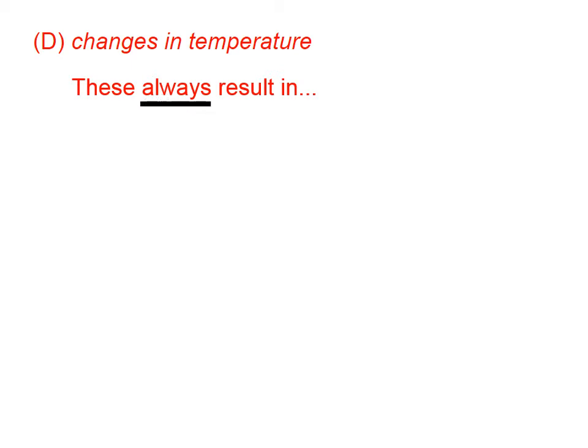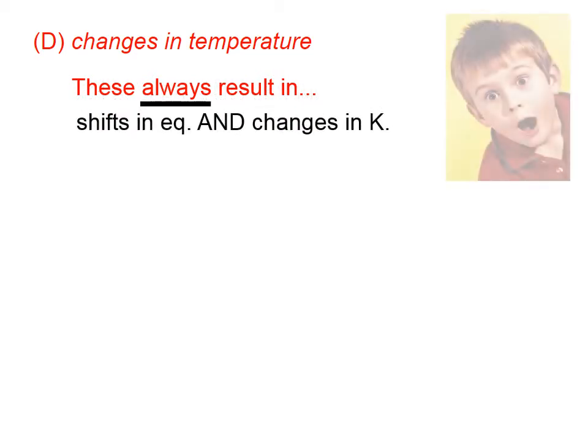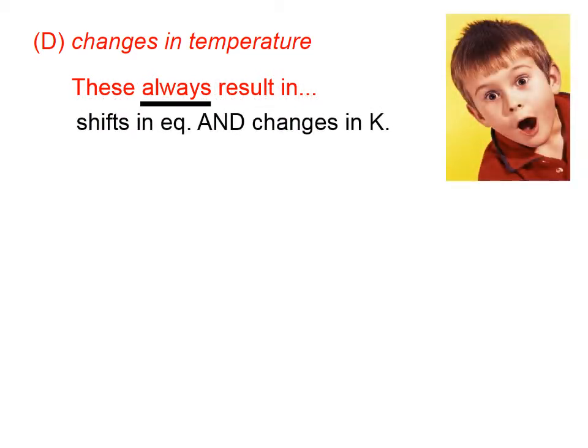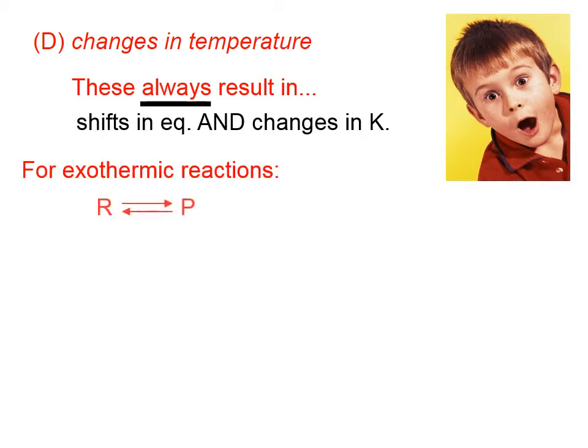Changes in temperature always result in shifts in the equilibrium position and changes in the value of the equilibrium constant. Let's start with an exothermic reaction. We have reactants on the left, products on the right, and for an exothermic reaction, perhaps you remember that heat is released. In other words, energy exits the system.